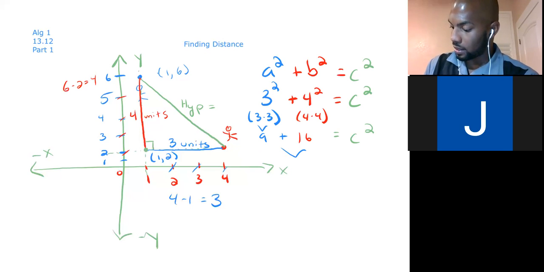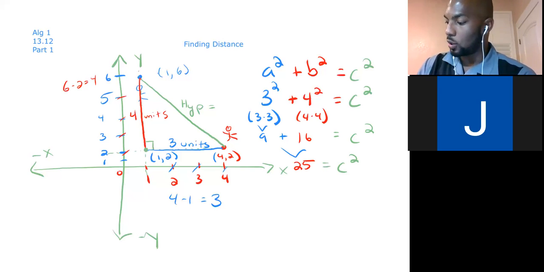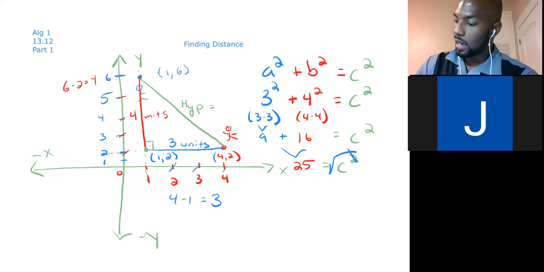I'm going to rewrite this so I have some space. 9 plus 16 is 25. 25 equals c squared. I use what I know to get rid of a square, by using the radical symbol, which removes the square. And what I do to one side, I must also do to the other.